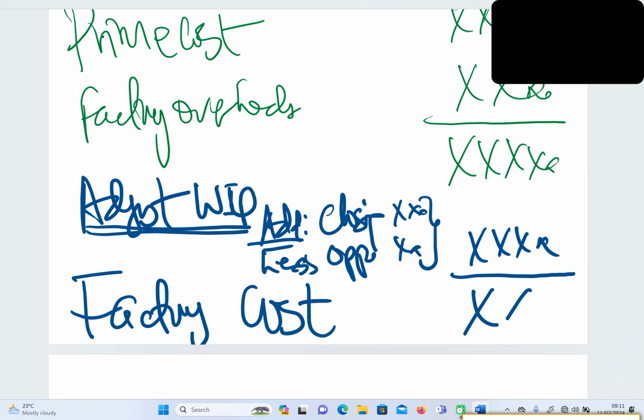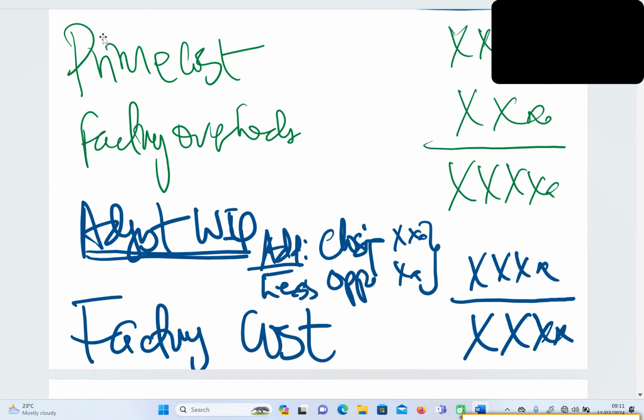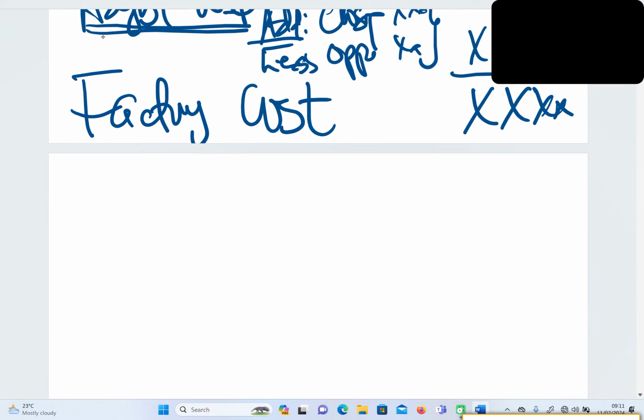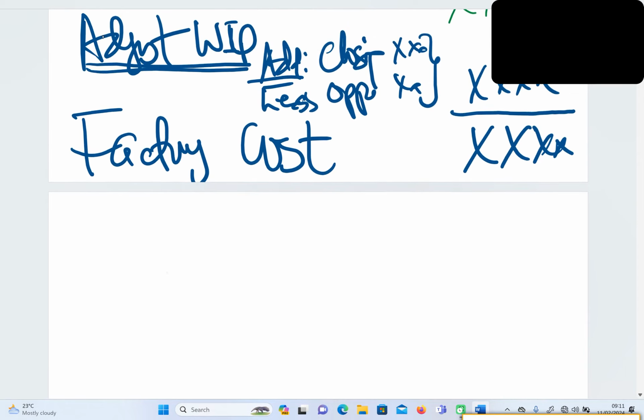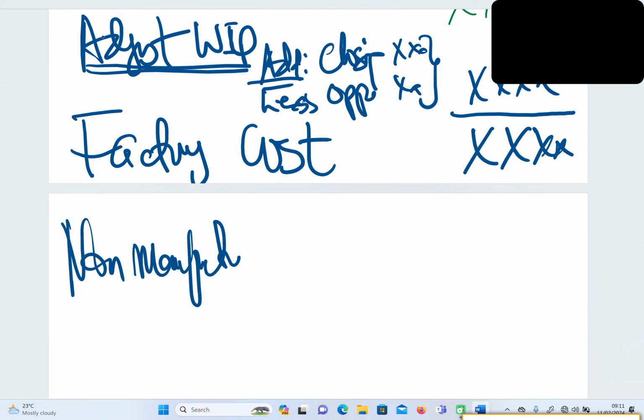So somebody can tell you to compute the factory cost. Do you see? So from factory cost, you add non-manufacturing overheads.